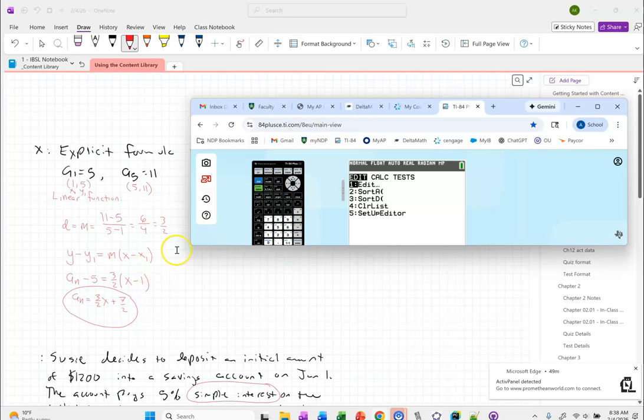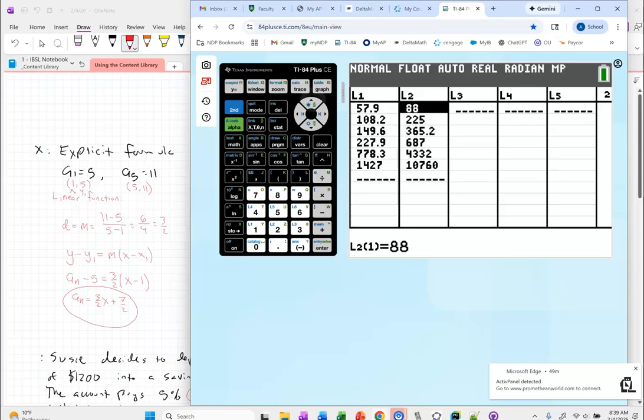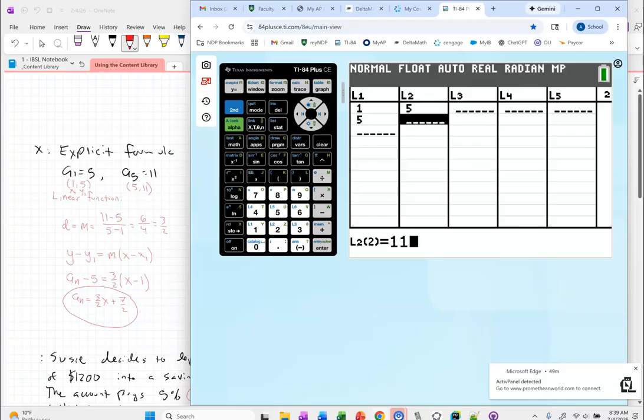And then from the edit tab, I'm going to pick the edit command. Into L1, I'm going to type what would be the x coordinates, so 1 and then 5. Into L2, I'm going to type the y coordinates, so 5 and then 11.